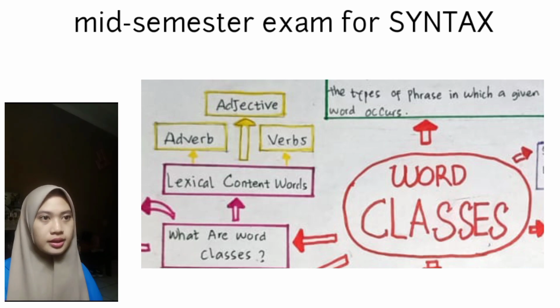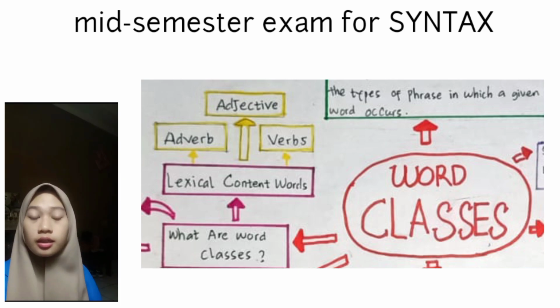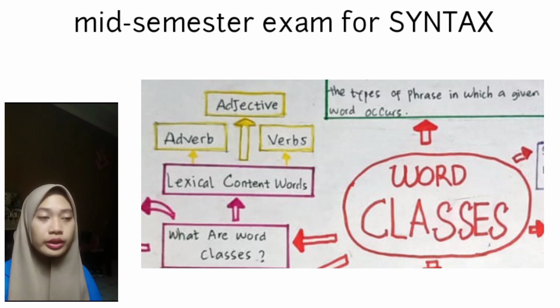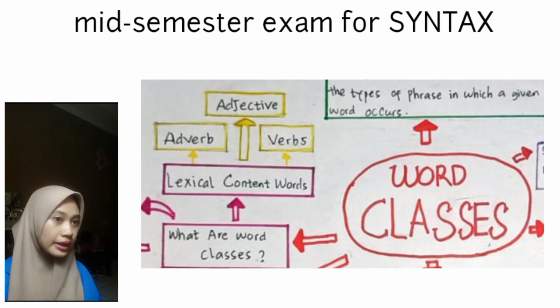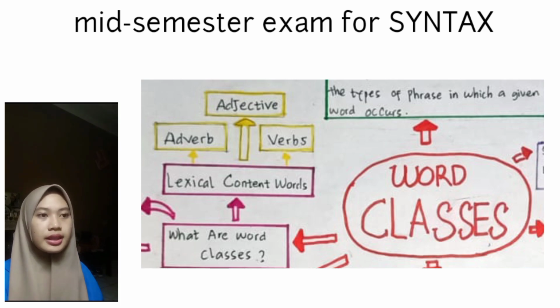The sixth, preposition. Preposition relates a noun or pronoun to another word in a sentence, showing they are connected in space or time. The example, in, on, under, etc. The seventh is conjunction. Conjunction connects words, phrases, or clauses.